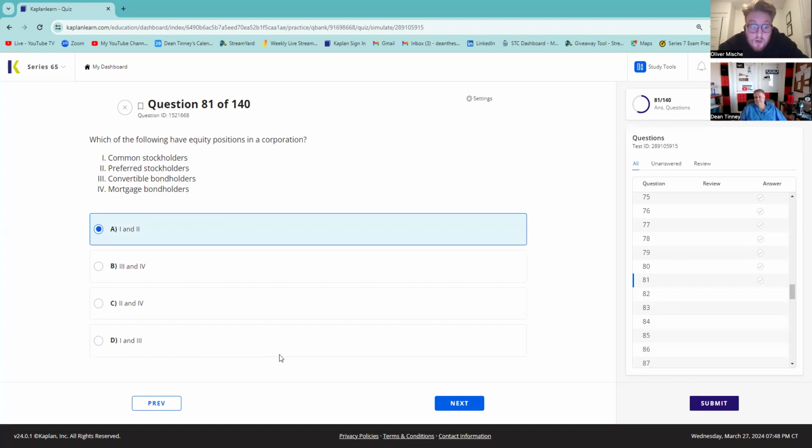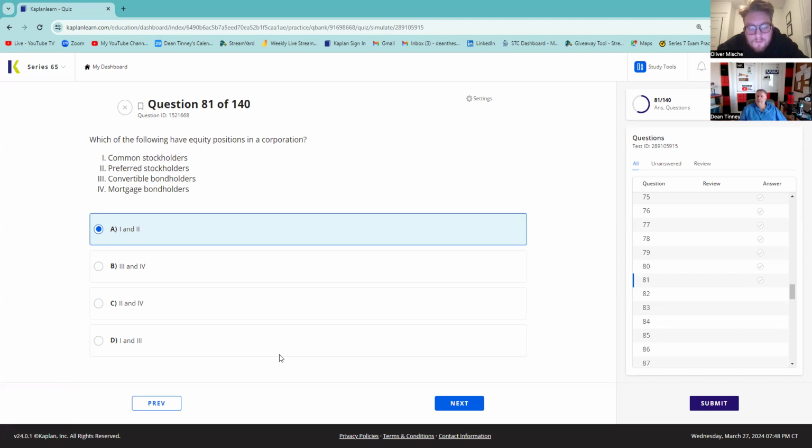From senior to junior, it'd be 4, 3, 2, 1. It would be the mortgage bondholders, secured debt holders, then the unsecured debt holders, then preferred or common. From junior to senior, common, preferred, convertible, mortgage. The common stockholders have a residual claim if there's anything left.